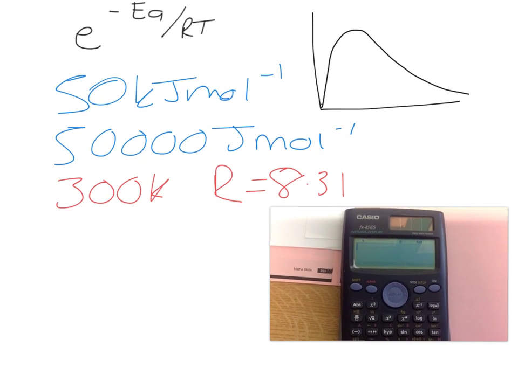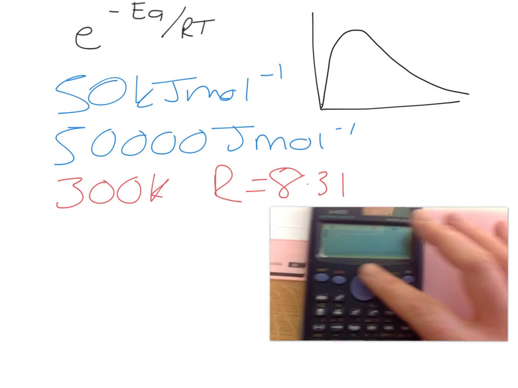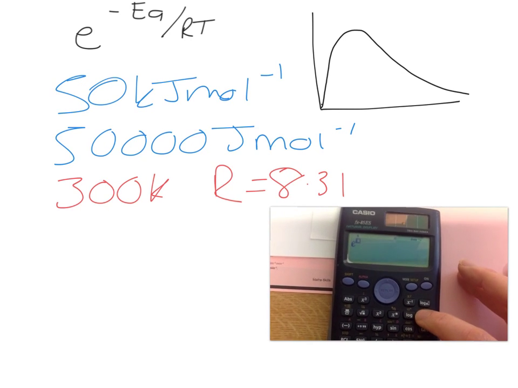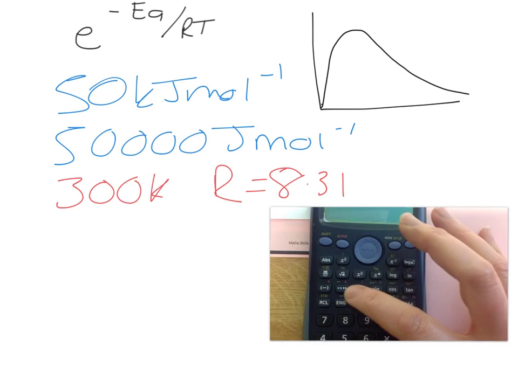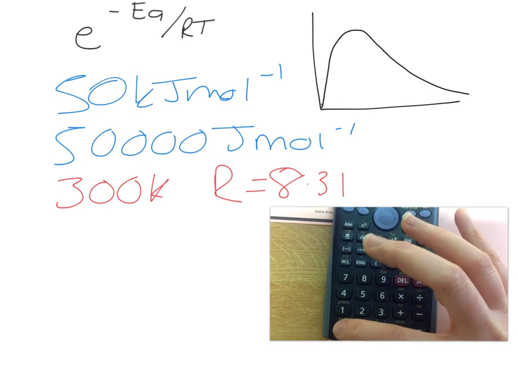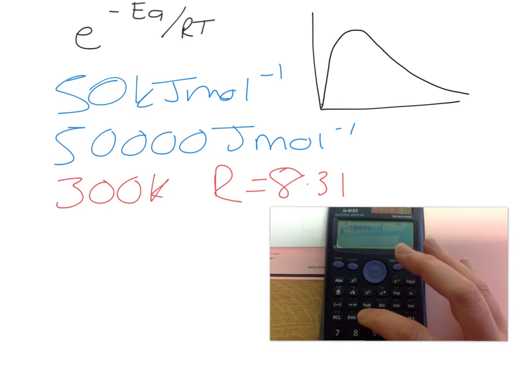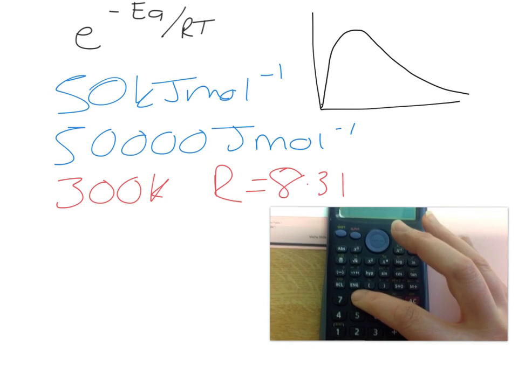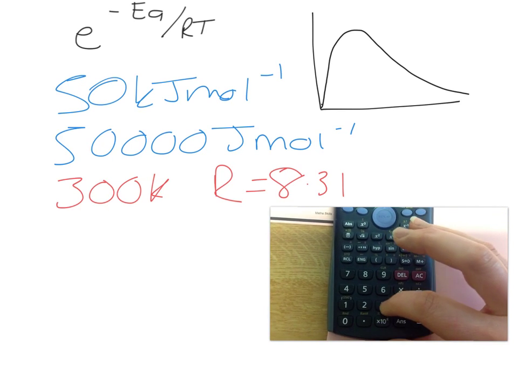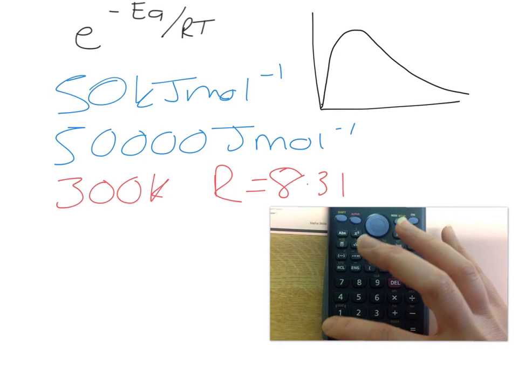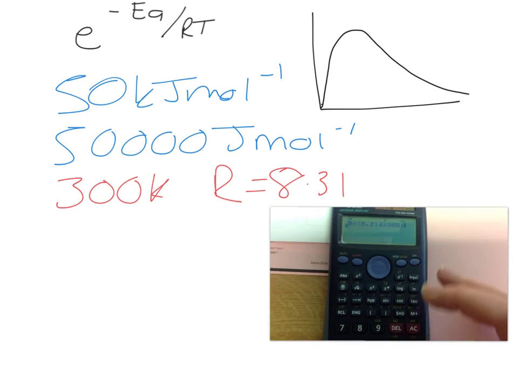Okay, let's go through this on the calculator then. So shift, log, to the minus 50,000 divided by open brackets 8.314 multiplied by 300 close brackets.